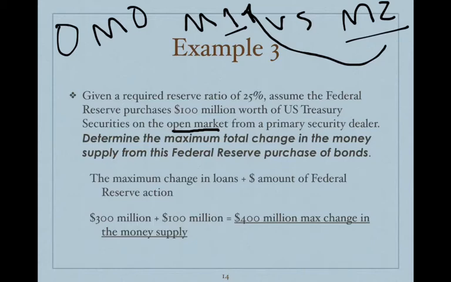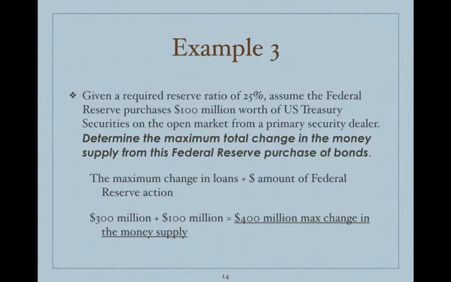Or I could also do my OMO times my money multiplier. And in this case, I would be doing $100 million times a money multiplier of 4, which would also give me my $400 million max change in the money supply. So a couple different ways we can solve it. It doesn't really matter which way we do it, whichever way works best and easiest for you.